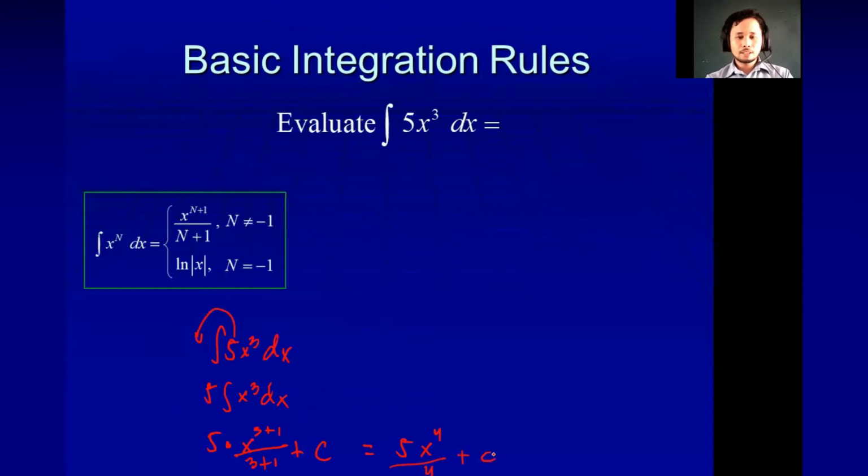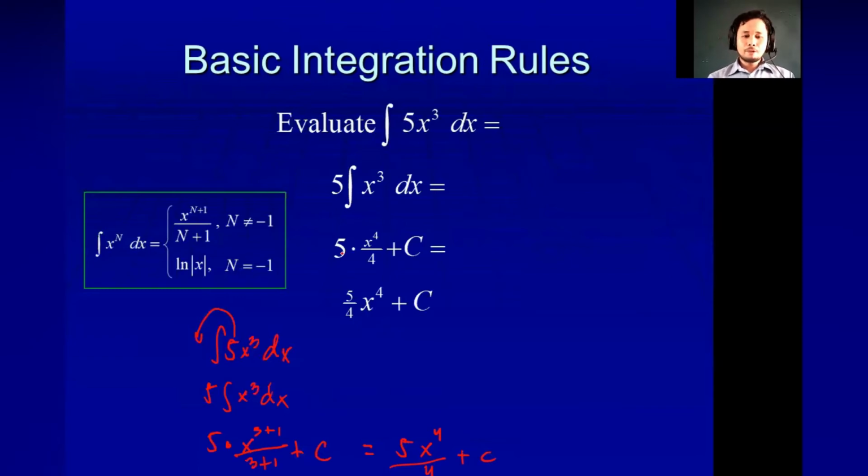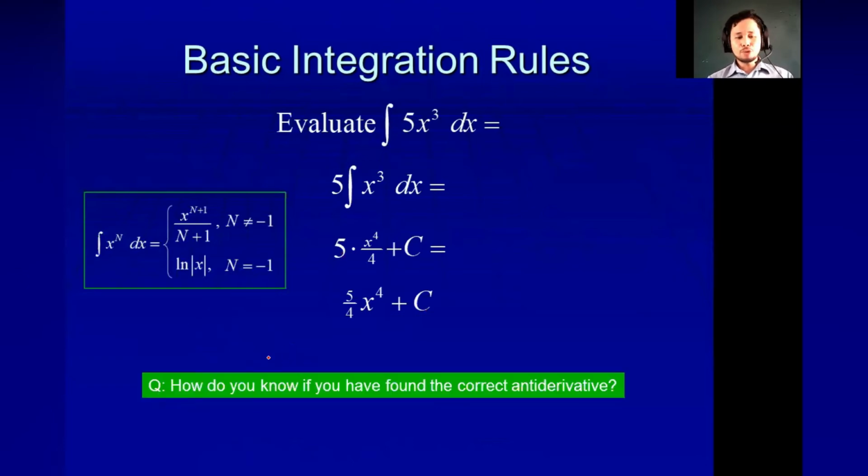So let us find out if our answer is correct. We have 5 over 4 x raised to 4 plus c. The question here is, how do you know if you have found the correct antiderivative?